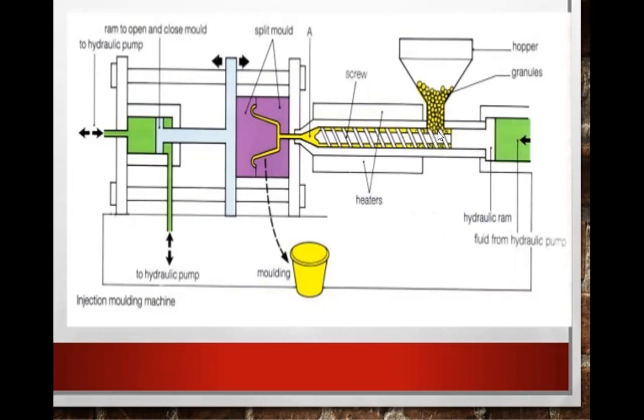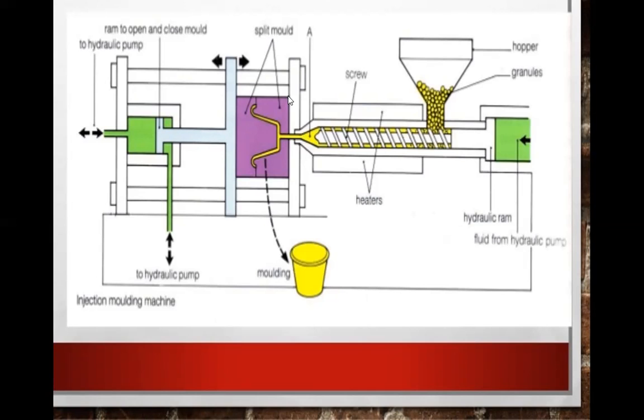The plastic material is passed into the heating chamber where it becomes melted into the liquid state. After that, through the nozzle, it enters the split mold and takes the shape of the mold. That means plastic buckets can be manufactured by this method.